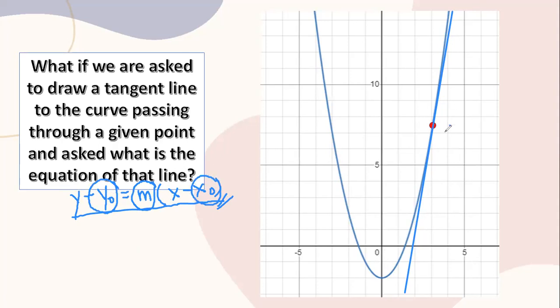So that is, for example, (3, 8). So given po yun. Okay, so that is a point in the parabola. Right? So ang hahanapin natin na lang ay yung slope. Okay? So ngayon, paano natin hahanapin kaya yung slope?